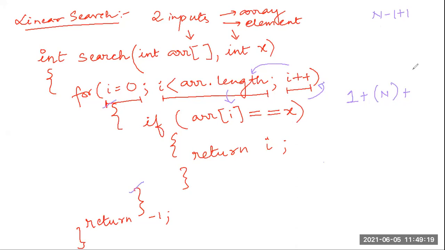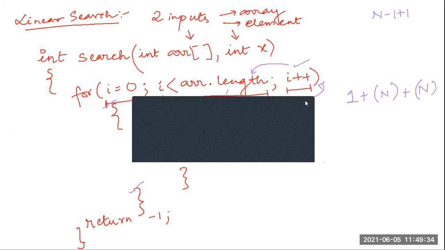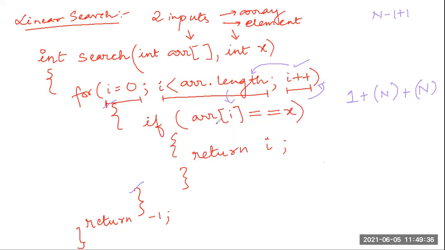So this will give you n number of times, and this i++ also is executed n number of times. Right from the starting, it gets executed. If i++ is executed n number of times, I am matching this position for all the values.